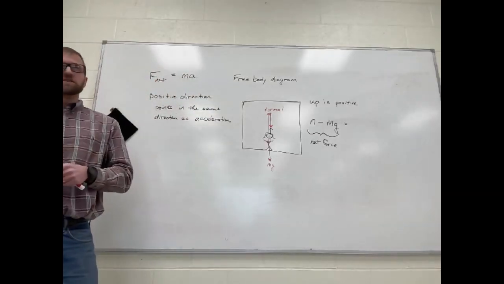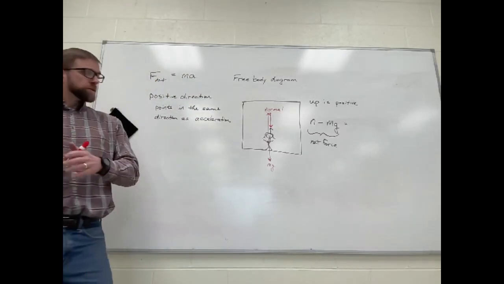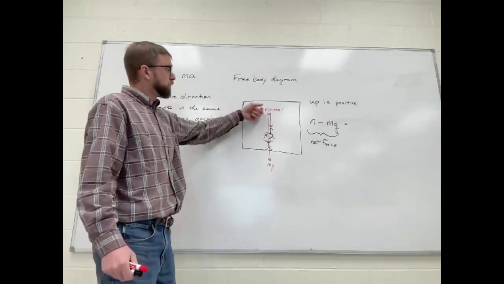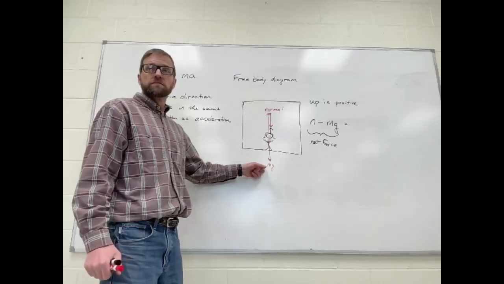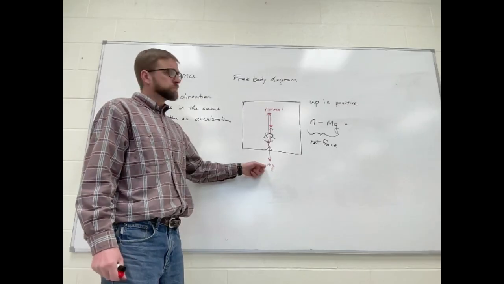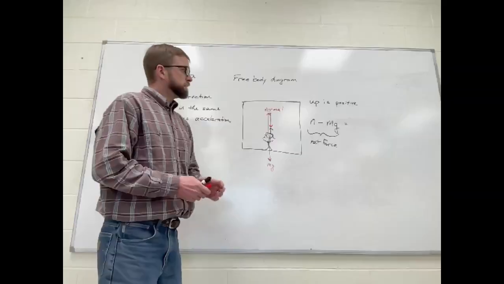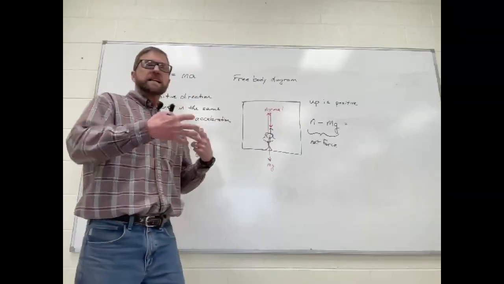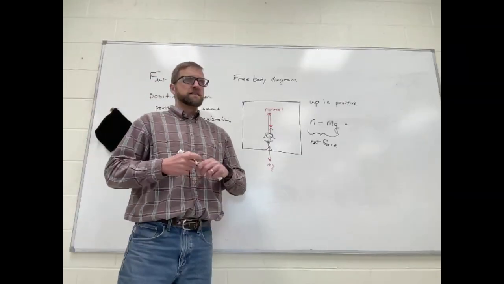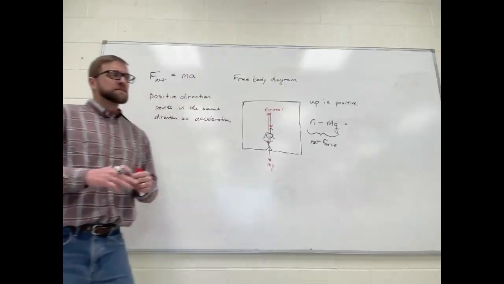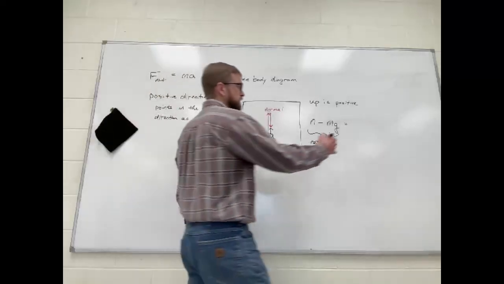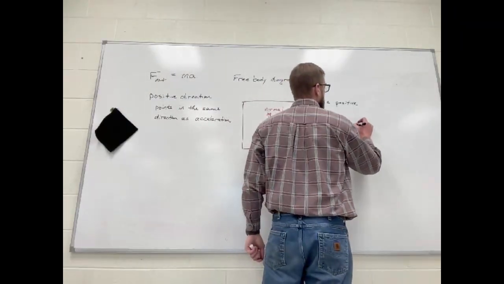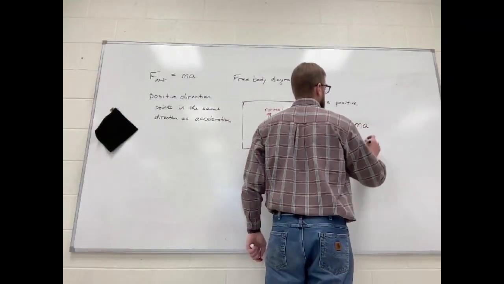The net force is where you're taking the positive force and subtracting the negative force. This is the left-hand side of the equation. What's the right-hand side of the equation? It is the mass times acceleration. So over here on the right side of the equation, we're going to put mass times acceleration.